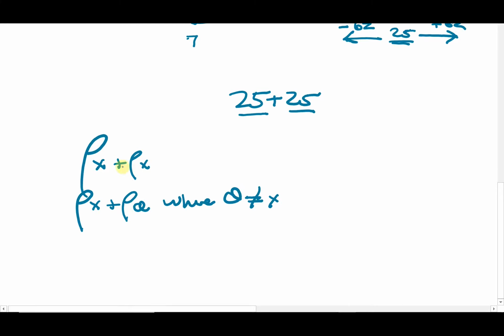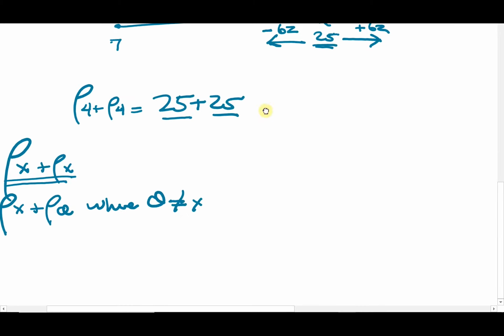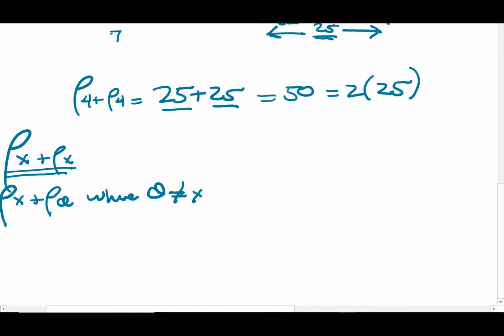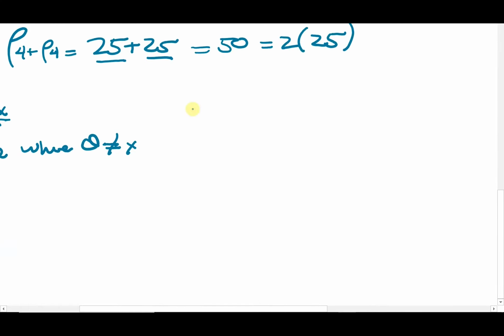In this case we did the scenario of 25 plus 25, for instance p4 plus p4, and what we get is 50, which is just 2 times 25. It's an even number. Now, taking this number line, we start at 25 and go down 6, so we hit 19, and we go 6 in the other direction and hit 31.